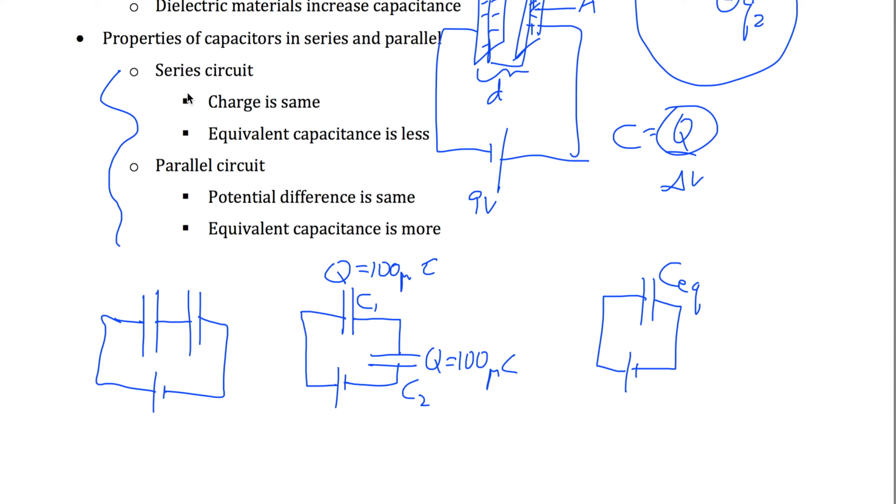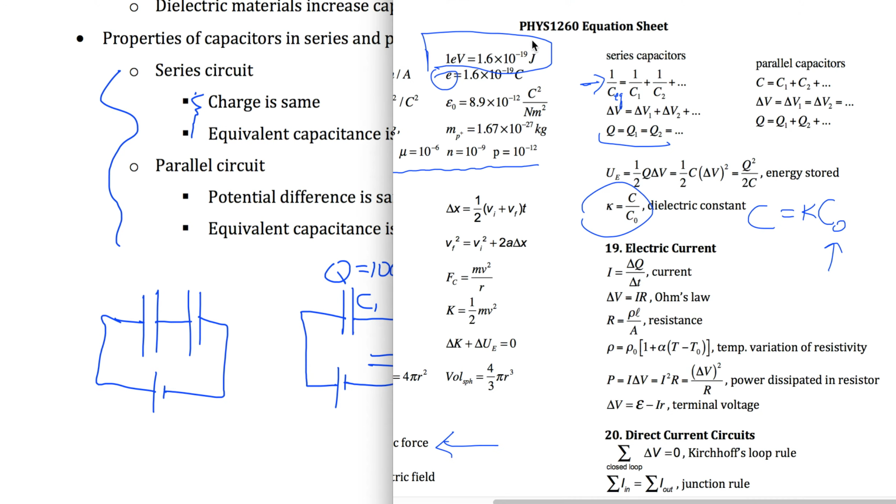So this is basically just giving you some conceptual ideas based on the equations. And I didn't mention the last one, but you're going to have to use this equation as well.